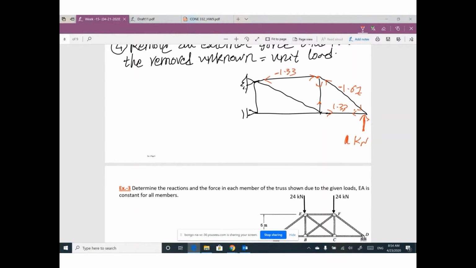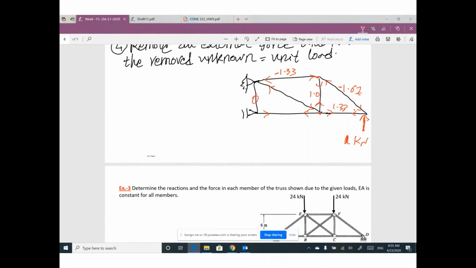I think this one will be 1, probably. 1.67 times 0.6. Yeah, 1. If you make joint equilibrium here, this one is tension, this one will be compression, this one will be in tension, this one will be 0.